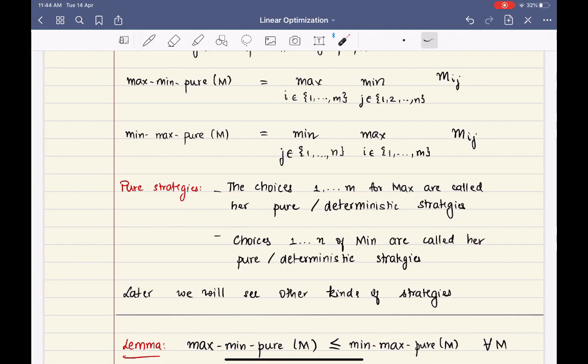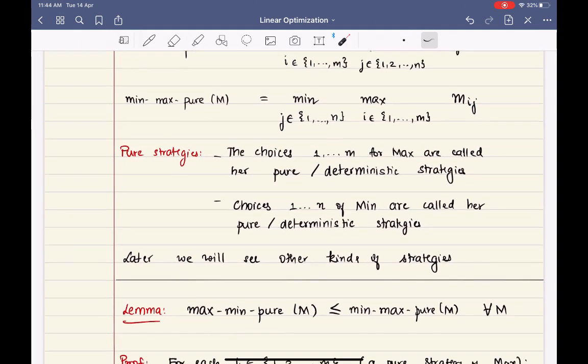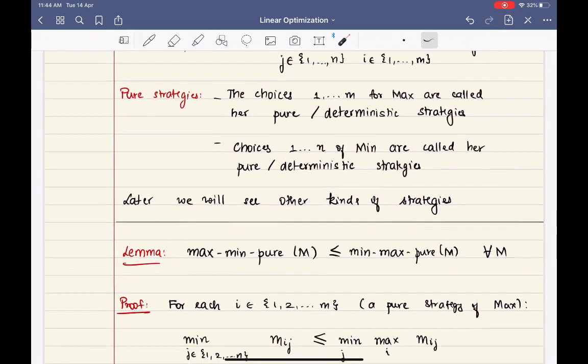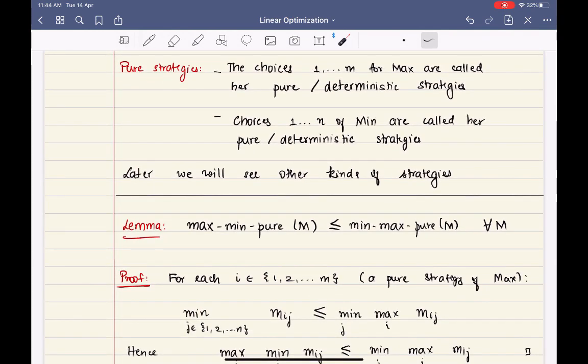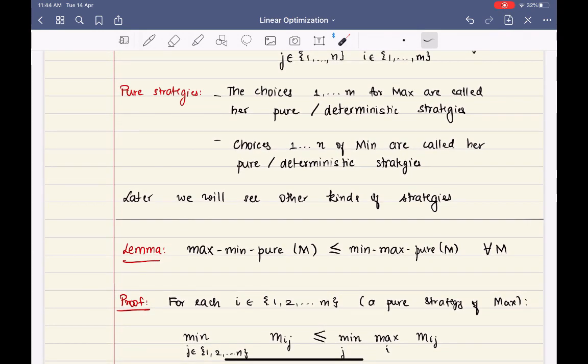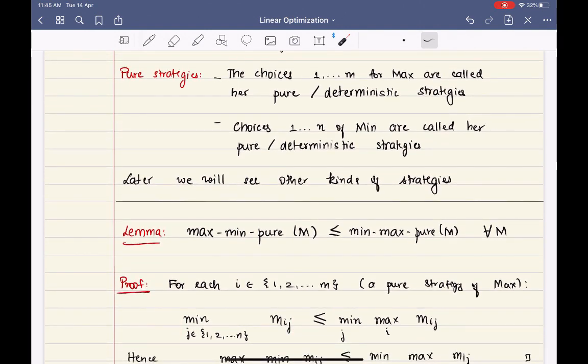Okay, so now let's see a proof. So here it is. You look at each i. Suppose I fix an i, a strategy of the maximizer, and I look at the min over all strategies of the minimizer. For each i I fix an i and I look at the min.